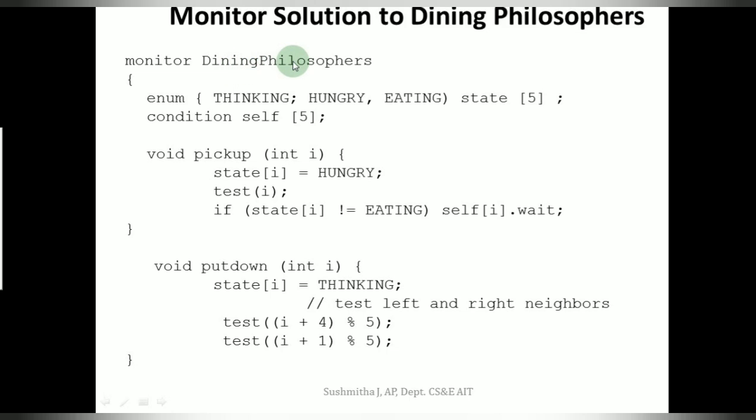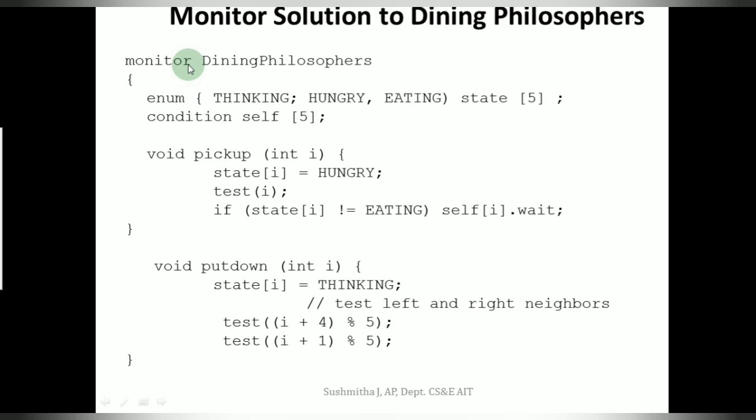And here DiningPhilosophers is a user defined name given to the monitor. It is something similar to an interface and the interface name. So you have a name that is given. Now what is the solution talking about? How is the solution designed?